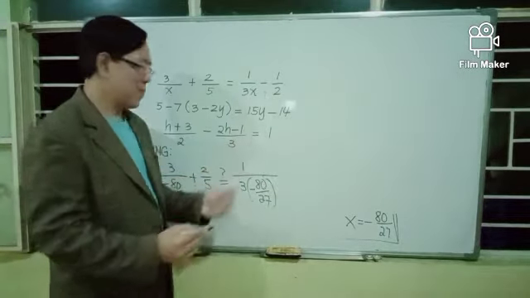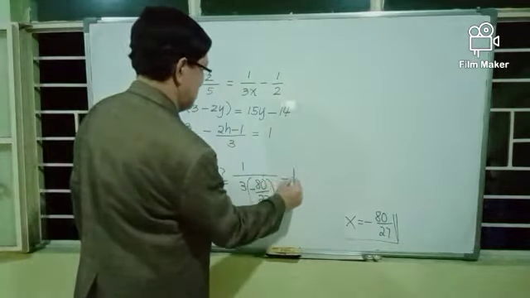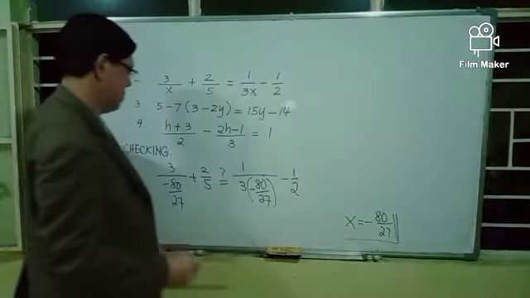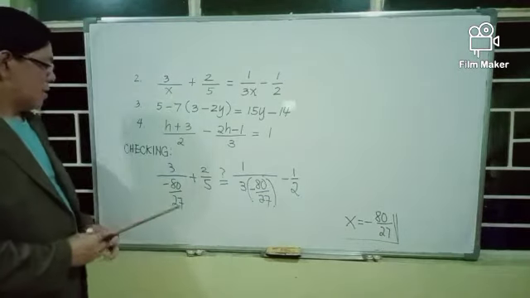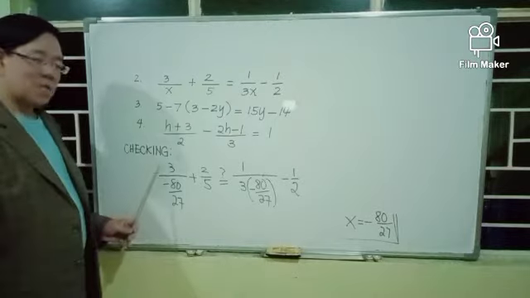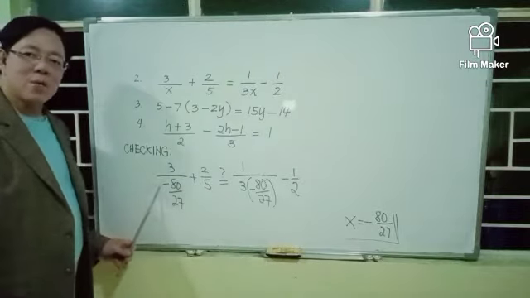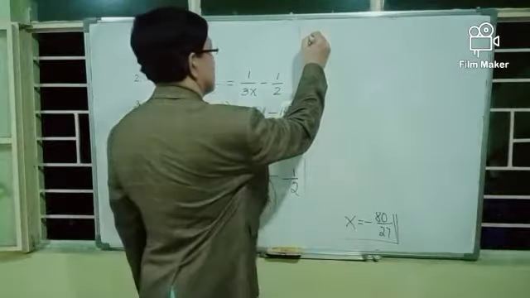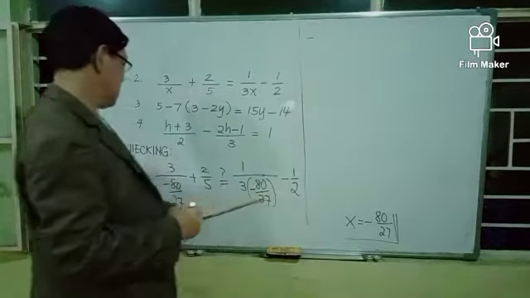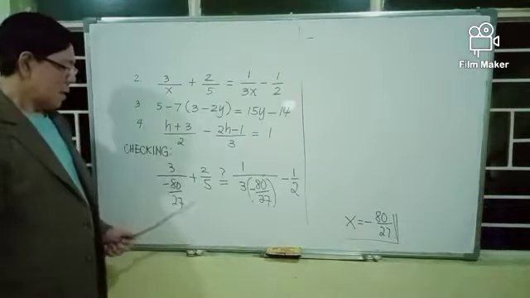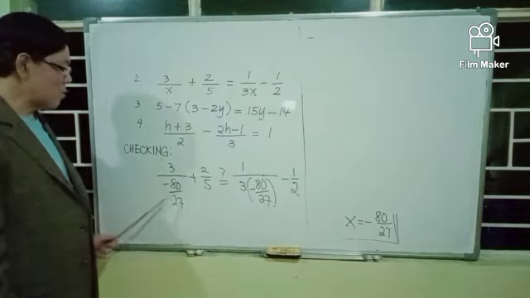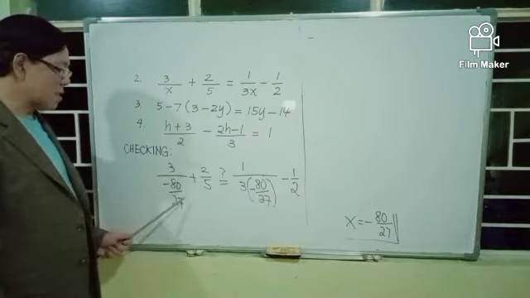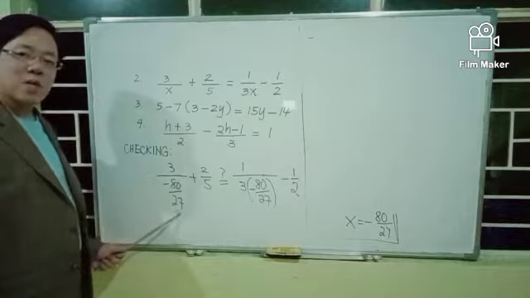Minus 1/2. Now, this is positive, divided by negative equals negative. And to simplify this fraction, we multiply 3 by the reciprocal of 80 over 27.